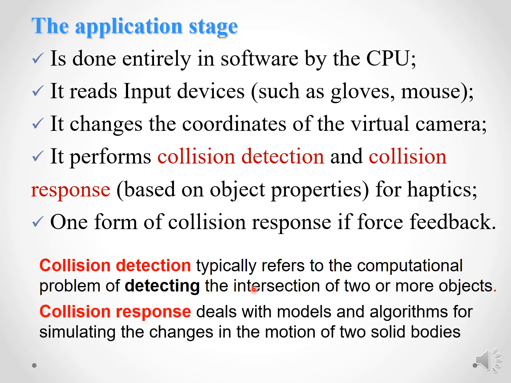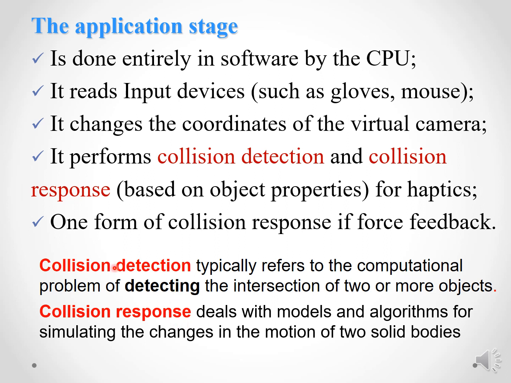And what is the collision response? Collision response deals with the models and algorithms for simulating the changes in the motion of two solid bodies. So its role is to simulate what happens when a collision is detected.